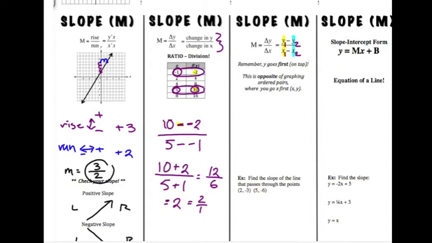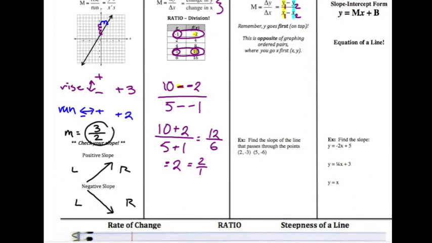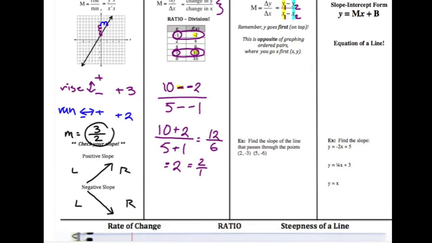So there's an example here. It says, find the slope of the line that passes through the points (2, -3) and (5, -6). So remember, we talked about the first coordinate needs to go vertically, and the second coordinate needs to go vertically. And we know that y goes over x.